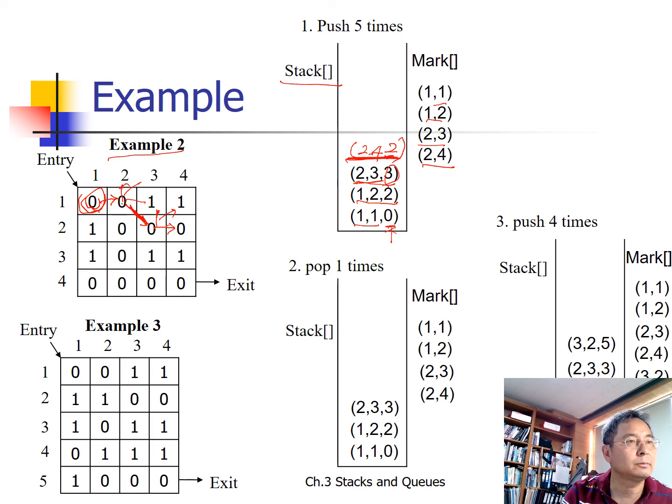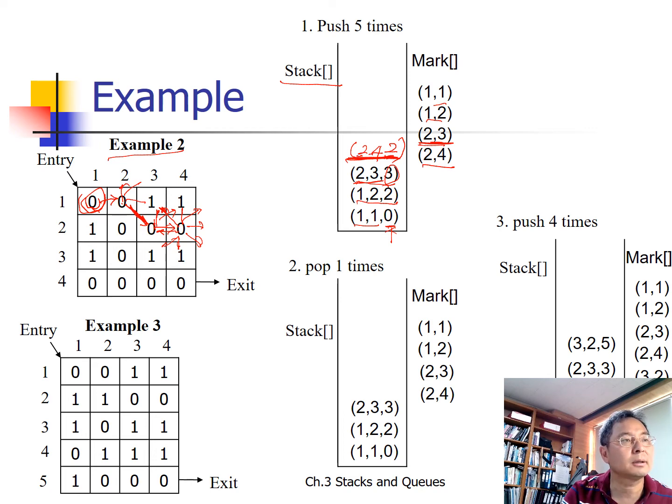But at 2, 4, there are no possible directions. 0, 1, no, no, no, no, no. And this direction is impossible because 2, 3 is already visited here. And this direction, no. So this is an end point.